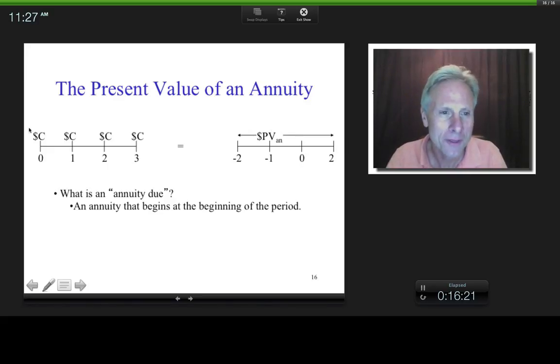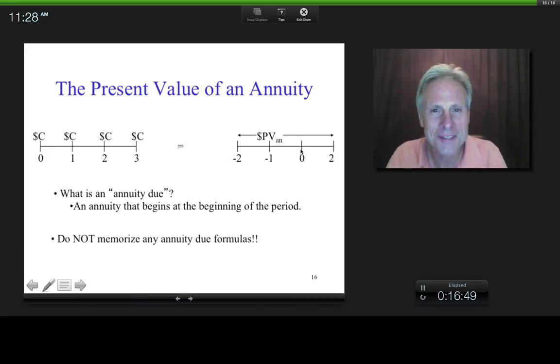So for example, if I had a bunch of cash flows here and my solution was, say, I'll make something up, say, $1,000 at time -1, and the effective rate for these periods was 10%, and I wanted to know what the $1,000 was worth at time 0, what would I multiply that $1,000 by? 1.1, right? So it'd be worth 1,100 at time 0. So my point is, do not memorize any annuity due formulas. Not only can you put it at time 0, you can put it in any time period you want, just by using single cash flow principles.